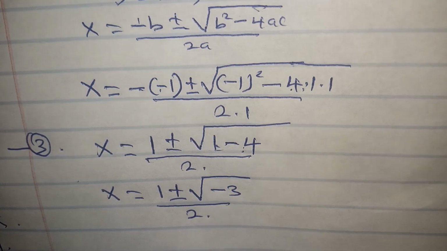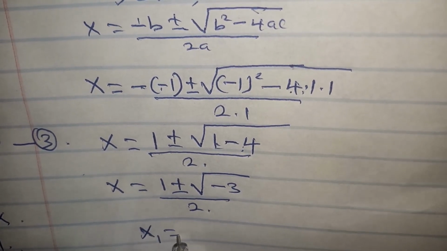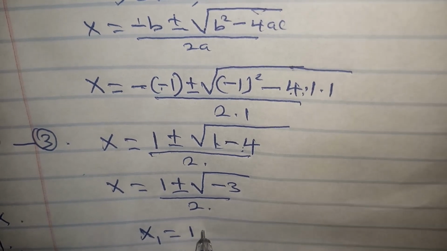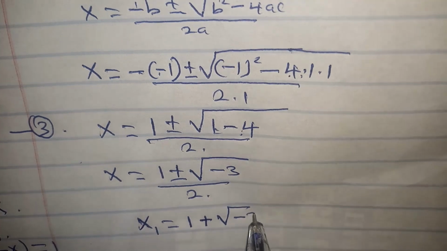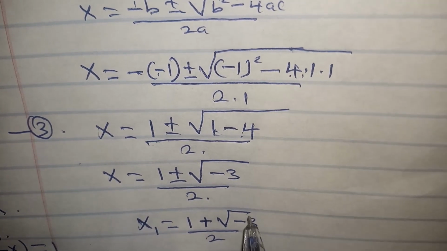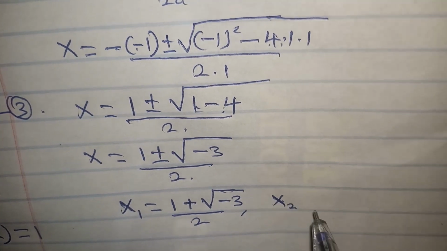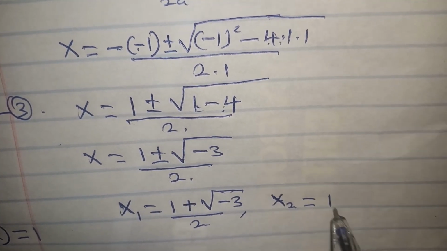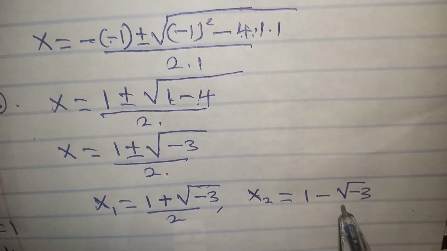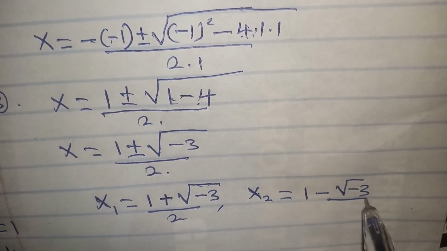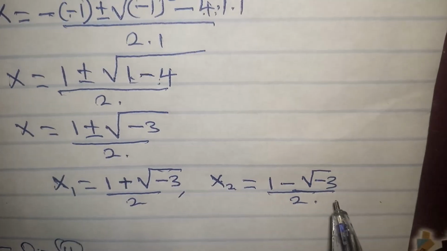So from here we can say our x1 is equal to 1 plus the root of minus 3 over 2, and x2 is equal to 1 minus the root of minus 3 over 2. So this is what we are now having.